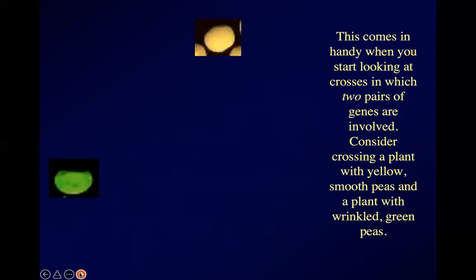Okay. This can come in handy when you start looking at crosses where we have to deal with 2 pairs of genes. Up here at the top, that is a smooth yellow pea, dried. They all look wrinkled, I think, when you boil them a bit, but when they're dried out, some plants produce smooth peas and some plants produce wrinkled peas.